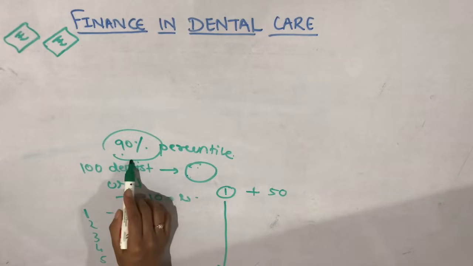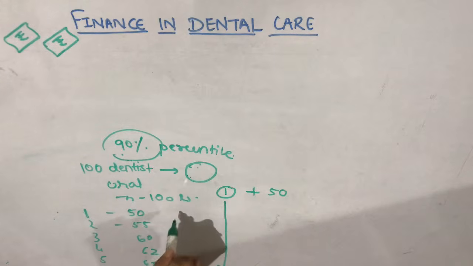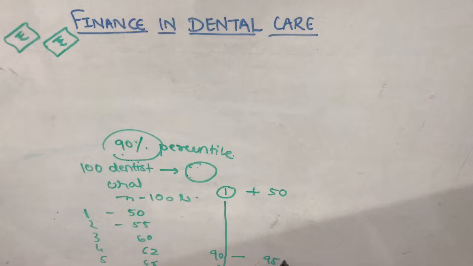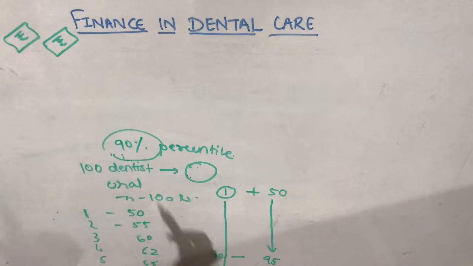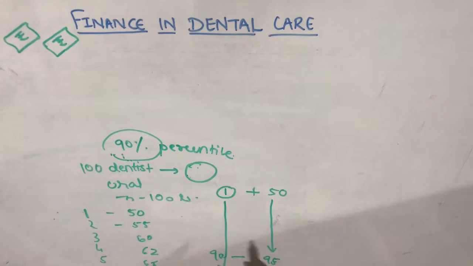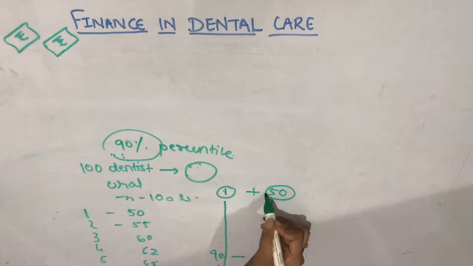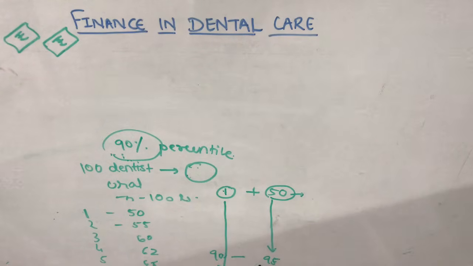And in the 90th percentile, if you are a participating dentist in this Delta Dental Plan, there is this 90%, and suppose the 90th dentist takes 95 rupees for the oral prophylaxis. Then all the dentists between the 1st and the 90th will get their price. For example, the first dentist's price was 50 rupees, so he'll get 50 rupees for his treatment, and the 90th dentist will get his 95 rupees.